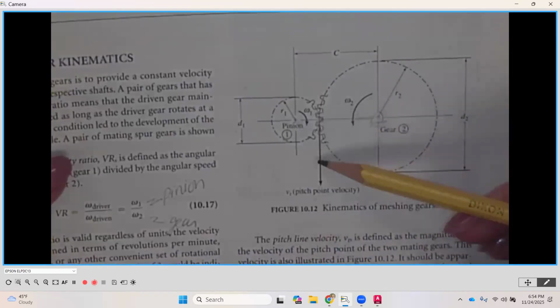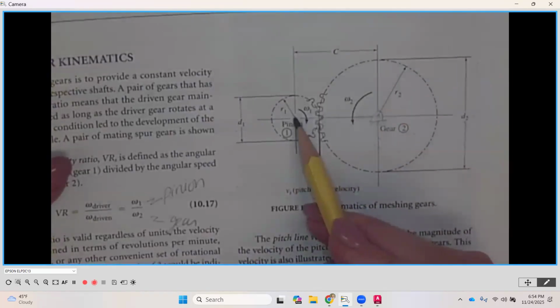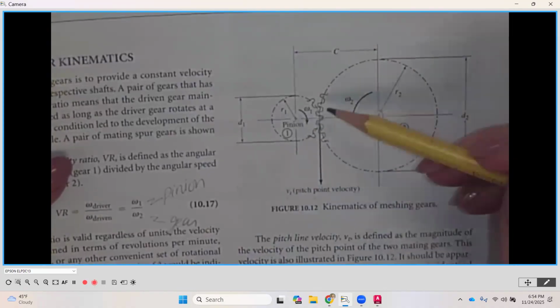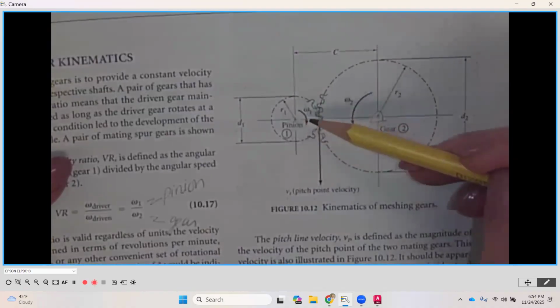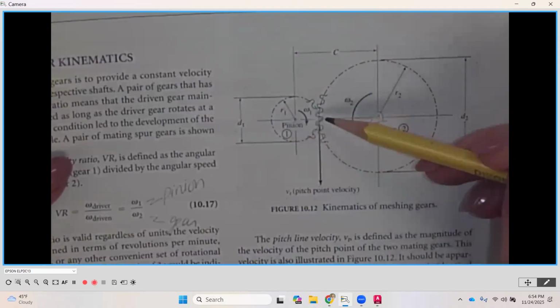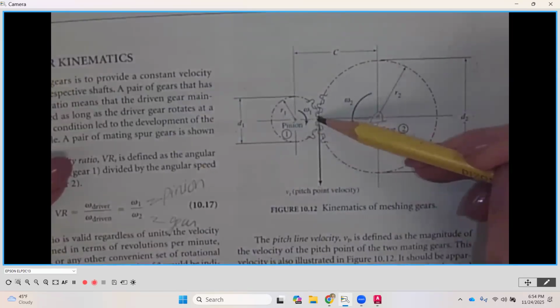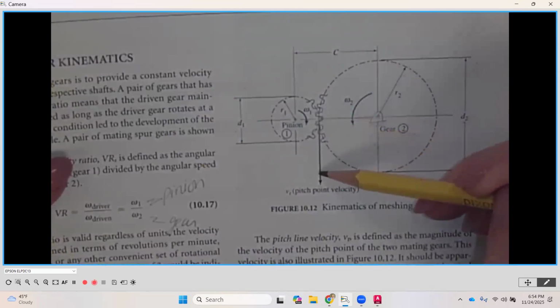So when we look at the outermost radius of the pitch diameter, and we're rotating in this case a clockwise direction on our pinion, the straight line velocity component of that circular motion is going to go perpendicular to the radius in the direction of rotation.